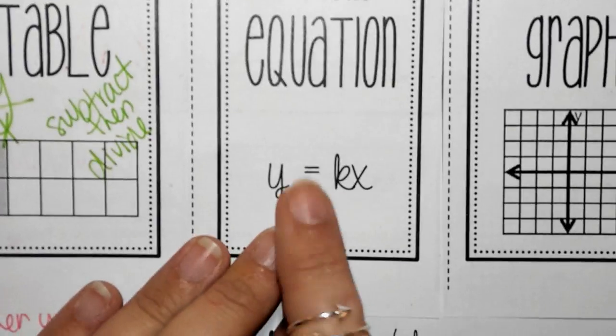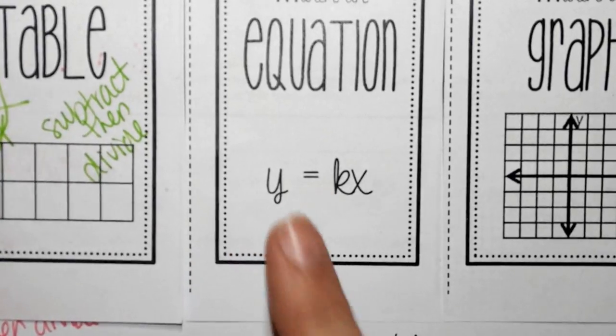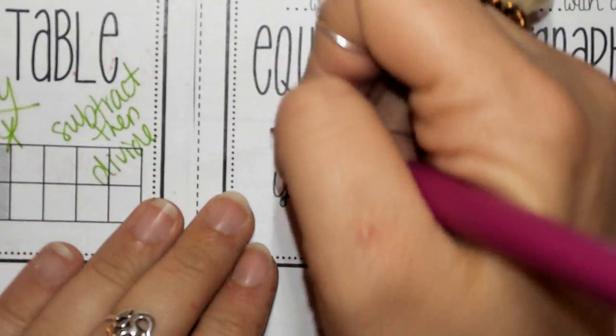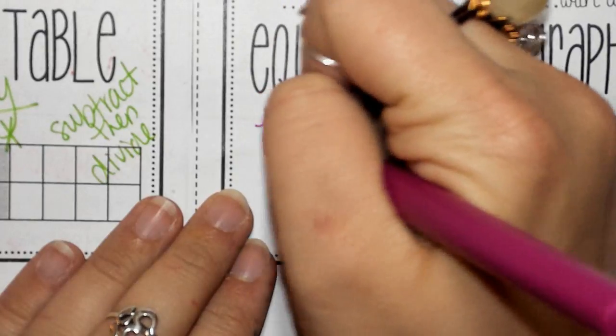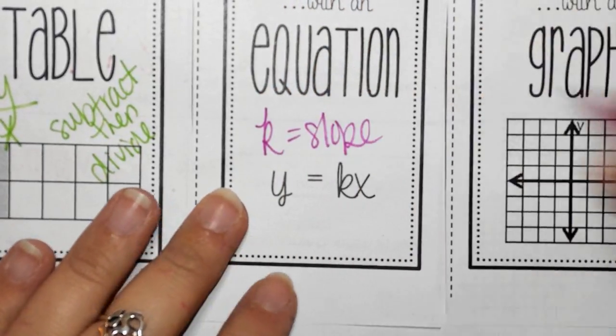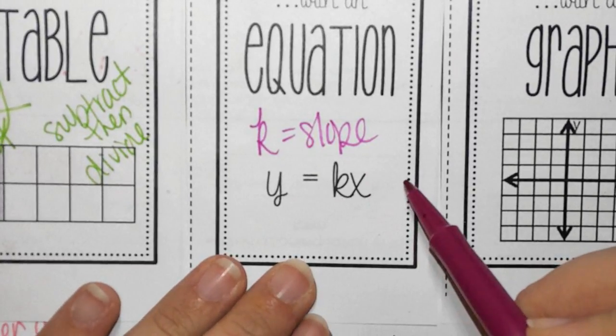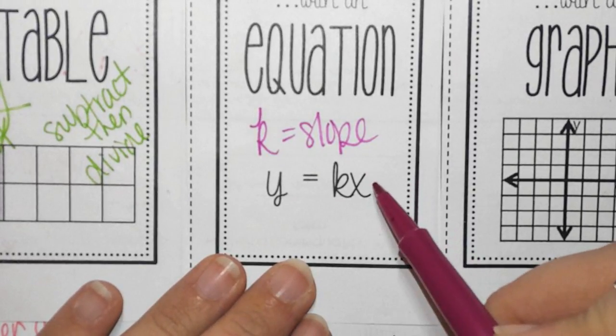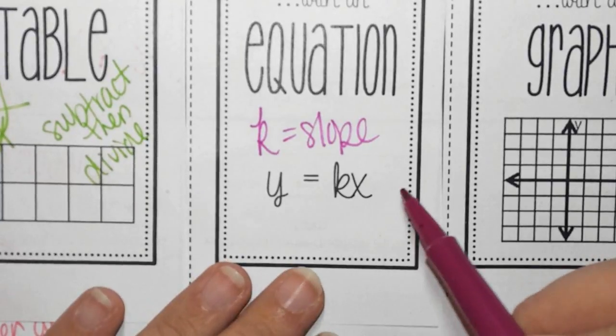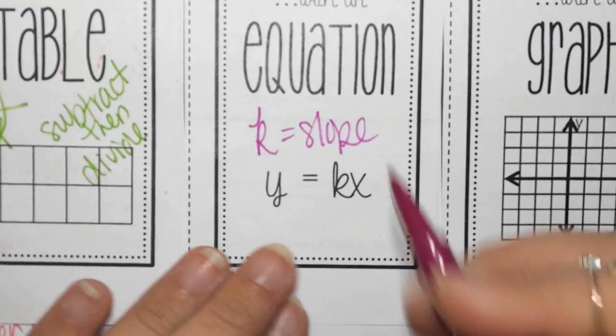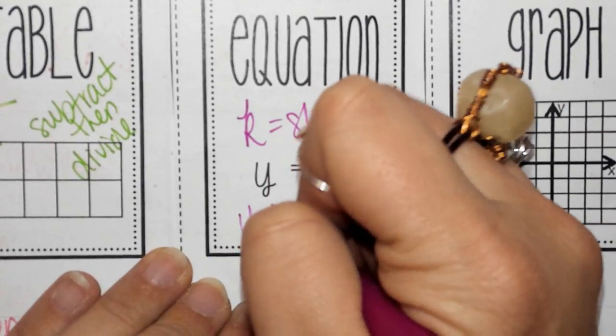So on this one, we have y equals kx. So we're going to say that k is our slope. So we're still dealing with slope. Now, do we have a y-intercept out here? No. So the y-intercept is 0.